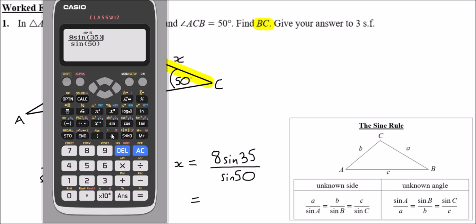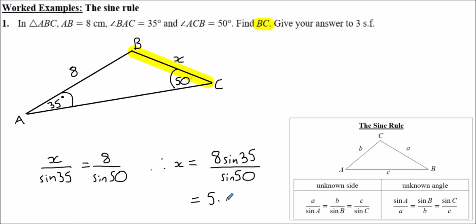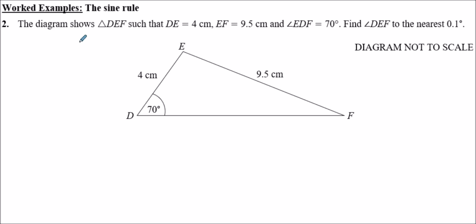We get 5.99 centimetres. And that was to 3 significant figures. So that's all there is to it. If in doubt, do yourself a nice, clear sketch and label it correctly. Let's have a look at another one.